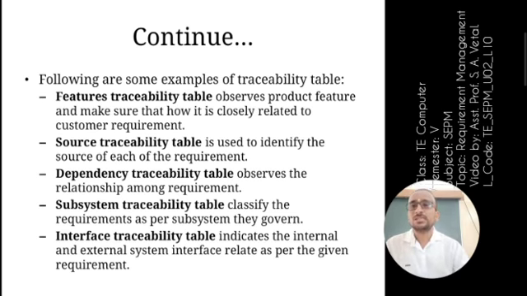The first one is the feature traceability table, which observes the product you have developed and its features, and makes sure how closely they relate to the customer's requirements, right? With it, we ensure that all the features that customers require have been implemented in our system.